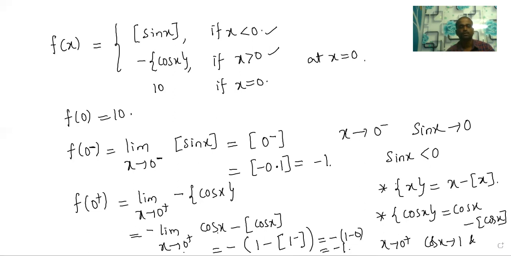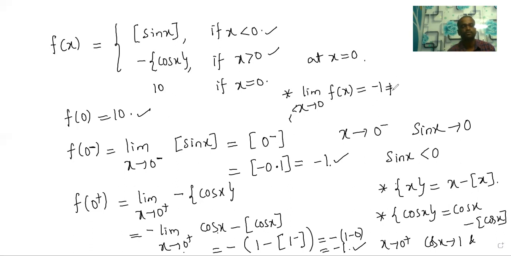So 1 minus 0, what will you get? Minus 1. So here the left hand limit is minus 1 and the right hand limit is also minus 1. But the value of the function is 10, which is different from the limit of the function. Since both are minus 1, we can conclude that the limit of the function at 0 exists and is finite, equal to the common value of LHL and RHL, which is minus 1.